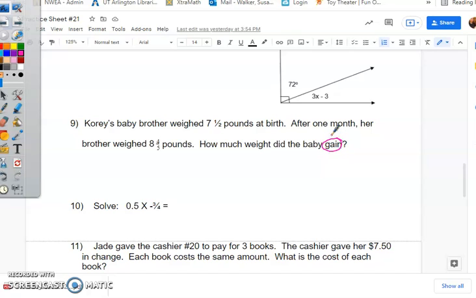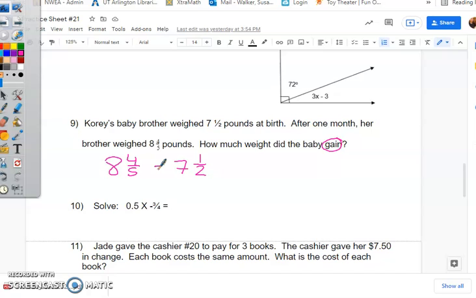When you want to know how much the baby gains, you want to start with the number that's larger, okay? This is where he got to, and this is where he came from, the weight he came from. So hopefully you know, in order to do this, we are going to subtract to find the difference.